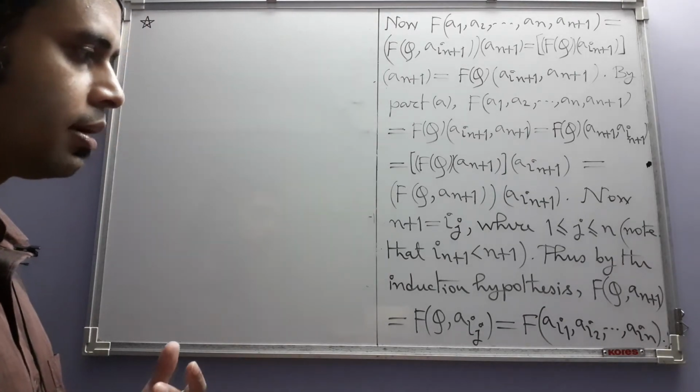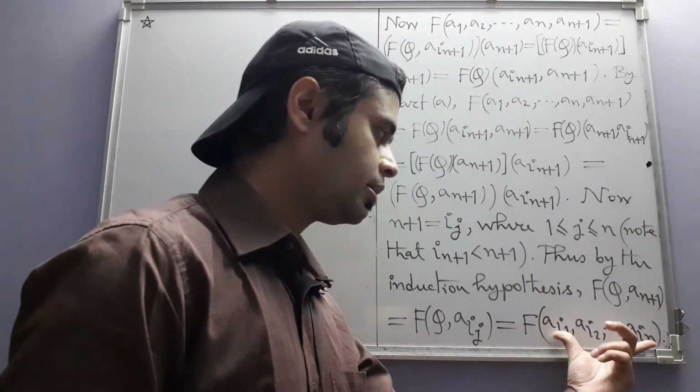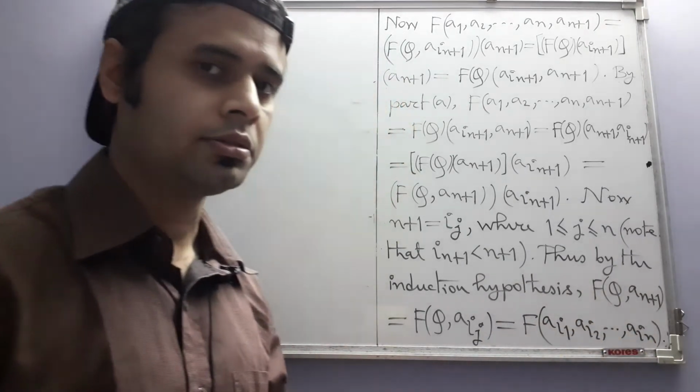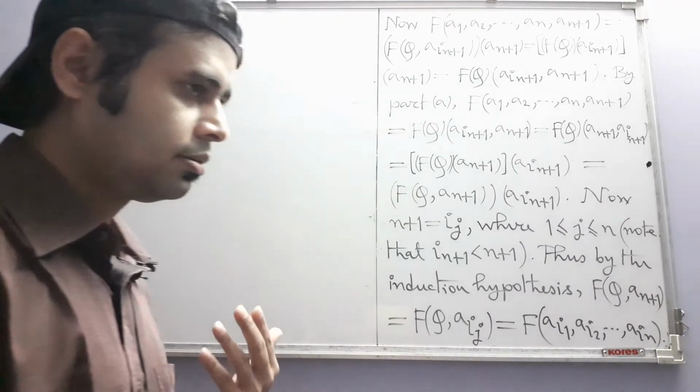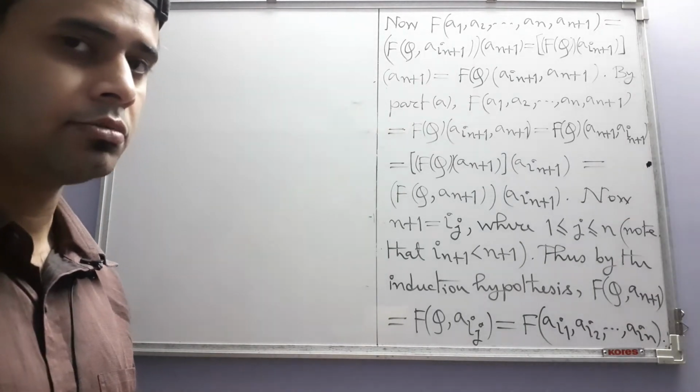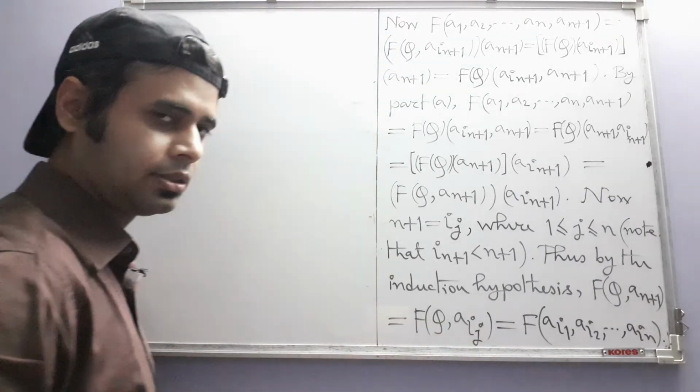The induction hypothesis says that when we adjoin n number of elements to the base field F, then we can write them in any order we want. Do we have n elements here?